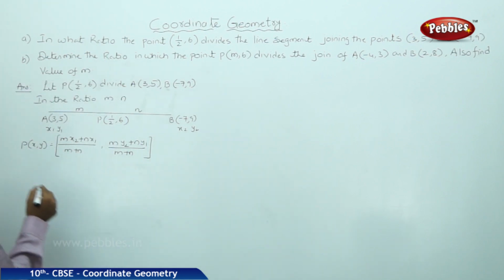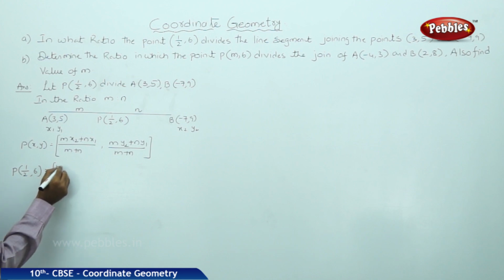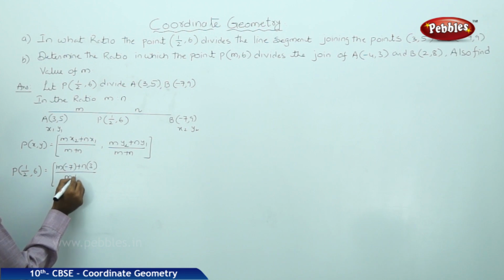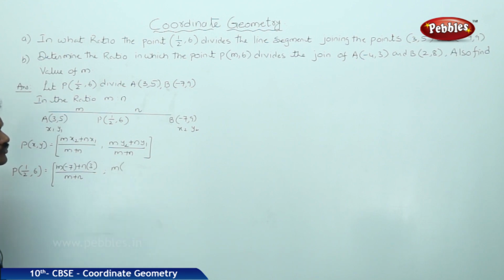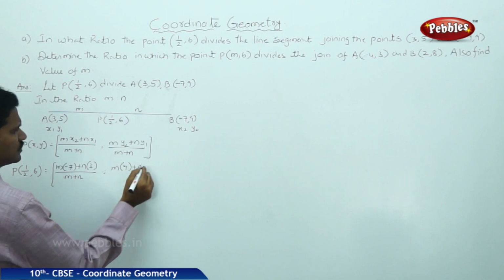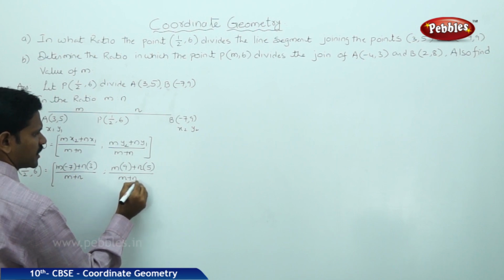Now P(1/2, 6) equal to m into x2, that is minus 7, n into x1, that is 3, by m plus n; that is m y2, that is 9, n y1, that is 5, by m plus n.